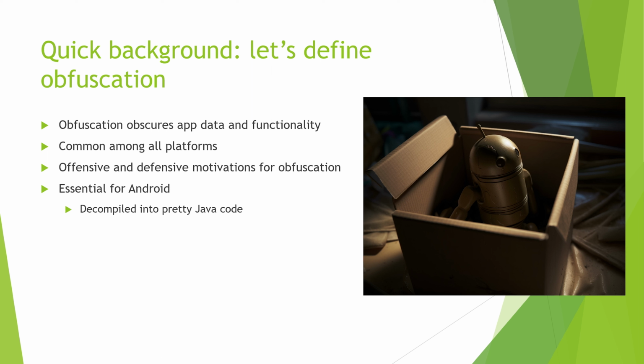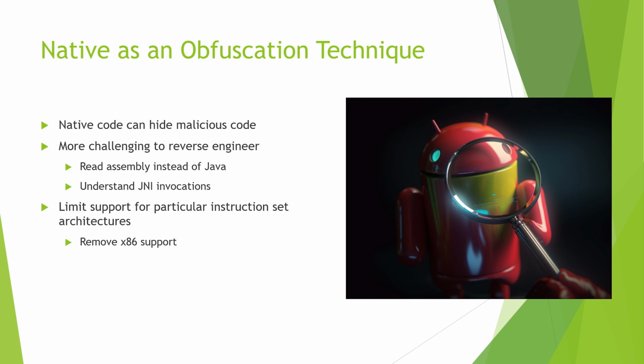Now, you can't simply write detections based off the presence of obfuscation within an Android application, because legitimate Android developers need to use obfuscation to try and protect their source code from people who are trying to reverse engineer it, or maybe trying to tamper with their application, or steal different data from within their application. So we have a couple ways and techniques for performing obfuscation with a lot of motivation for doing this.